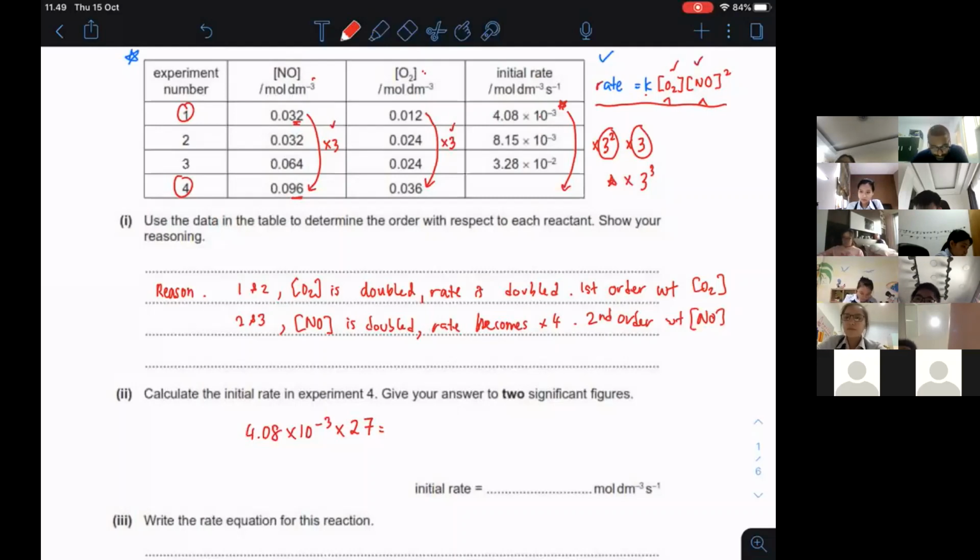Jody, what's the answer? Don't know where I put my calculator. Oh, it's here. I'll calculate for you guys also. 0.08.